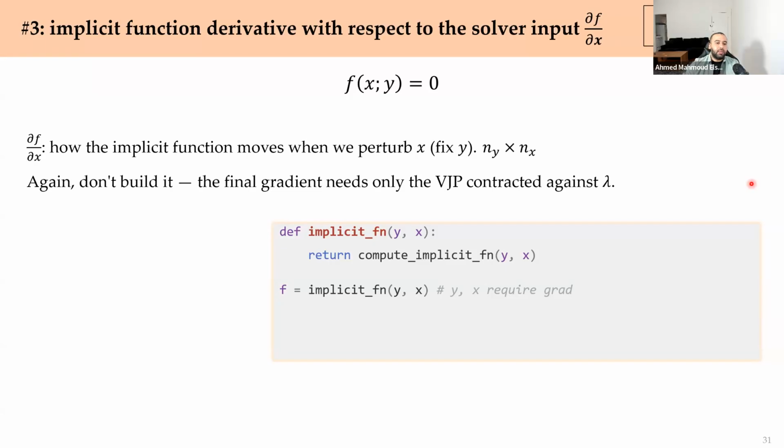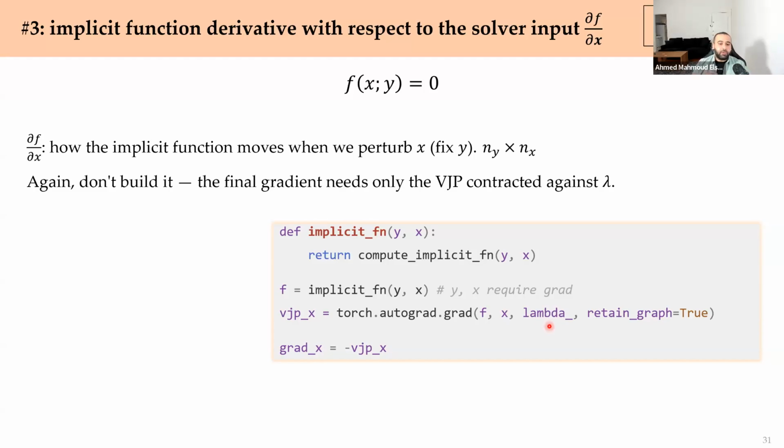The nice part is that it is the same implicit function we used before, but last time we differentiated with respect to y, and now we differentiate with respect to x. The input vector for this vector-Jacobian product is the lambda that we got from the previous step.